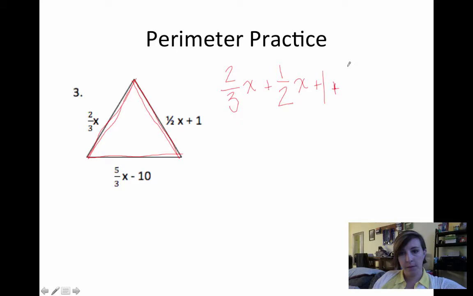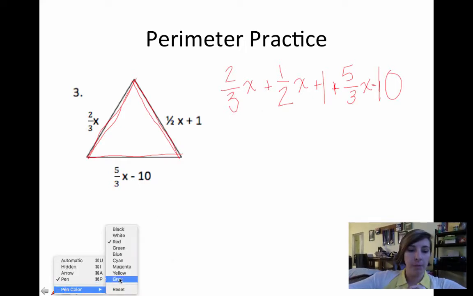Plus 5/3 x. Oops. That's a minus 10. Let's see here. Minus 10. All right, that might come back to bite me a little bit. We'll see. Okay, so I'm going to go ahead and separate all the terms in this problem.